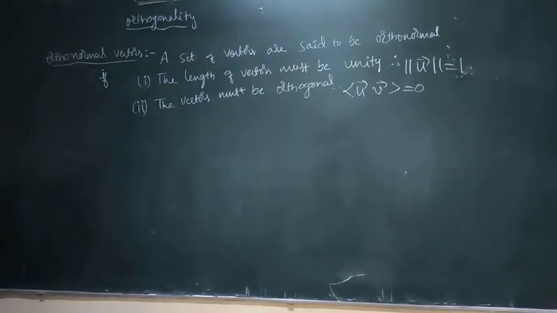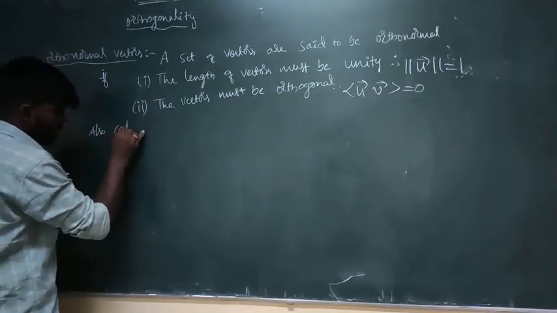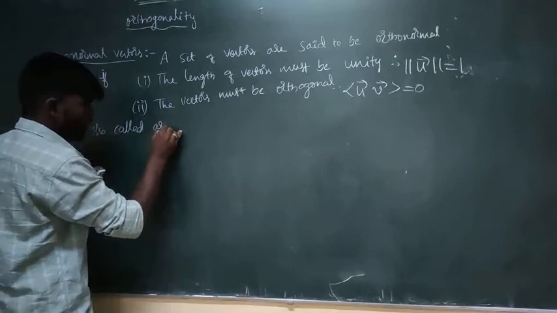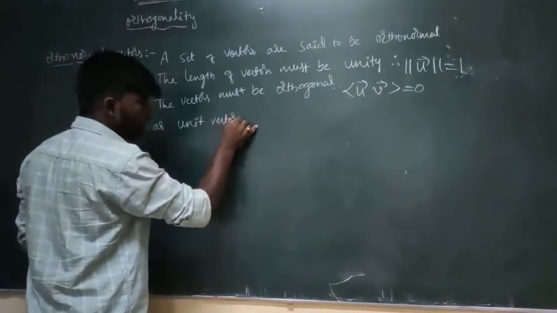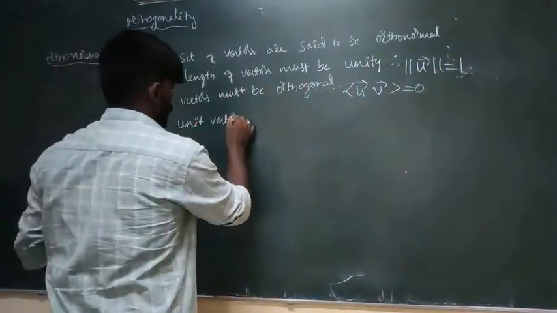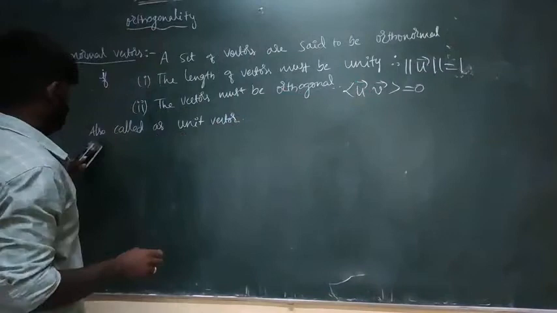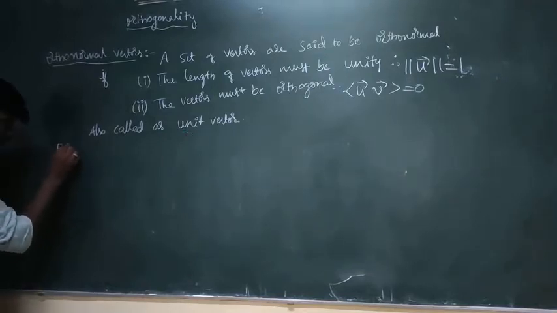Orthonormal vectors are also called unit vectors, because their length is 1. Okay. We will see one example on orthonormal vectors.